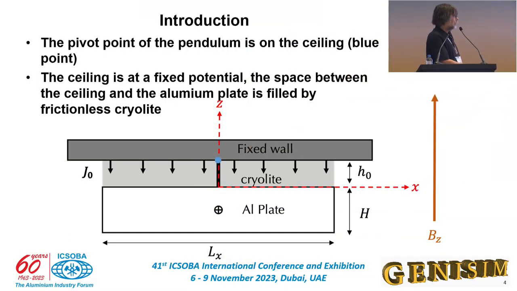stability of this kind of device. Here there's more explanation about where the pivot is and what the thickness of the different pieces is, and what's important here is the center of gravity of this plate, because it shows up in the equation.